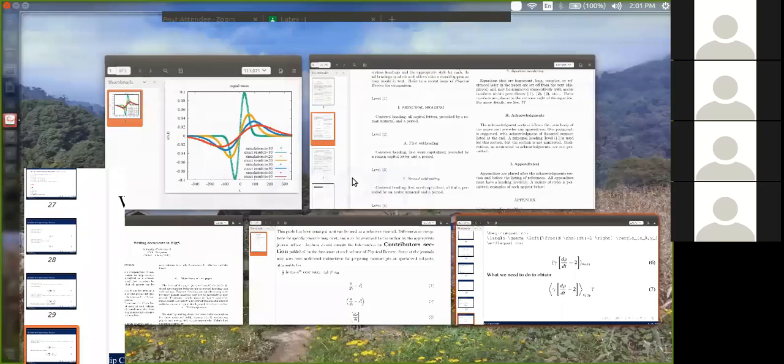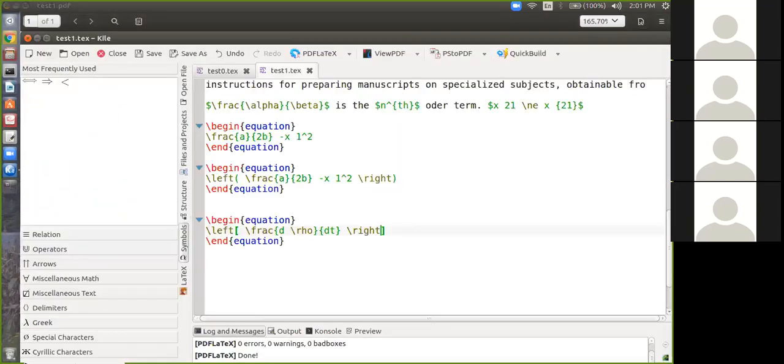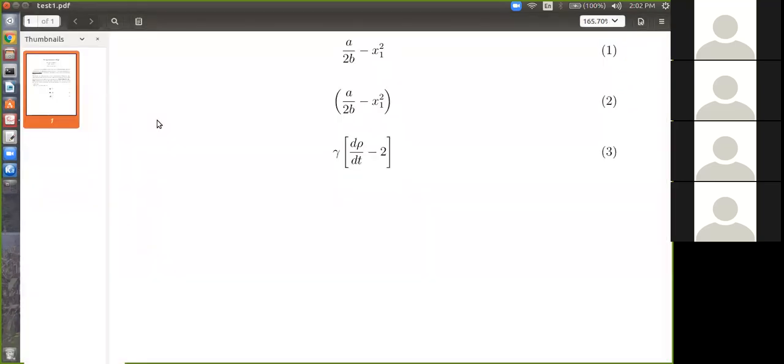So we have till now this d rho dt within third bracket. Now I want a minus 2, say, so minus 2 multiplied by gamma. Okay, let me check again. Yeah, gamma times d rho dt minus 2.